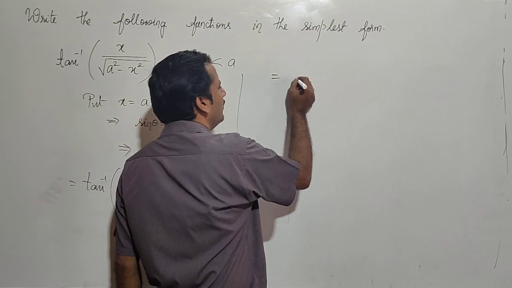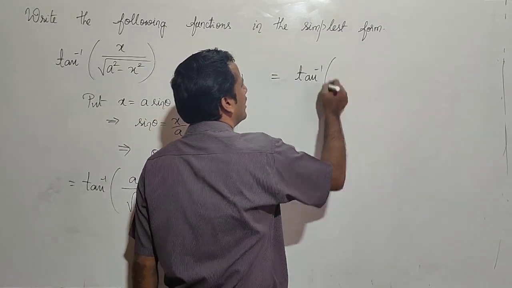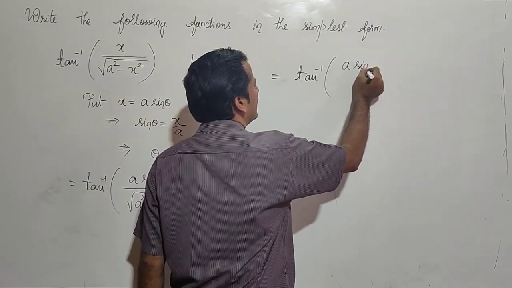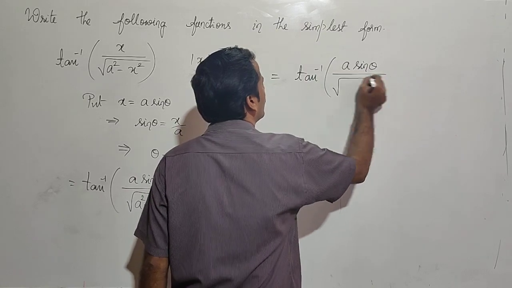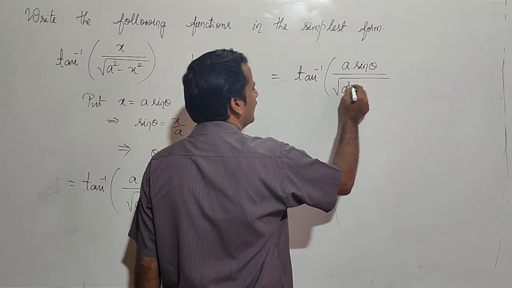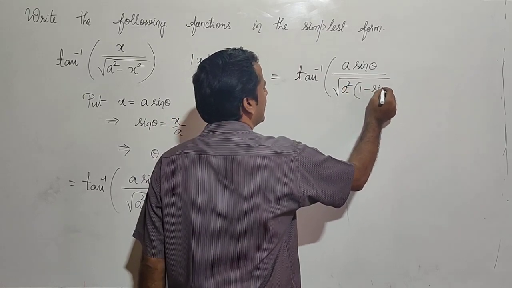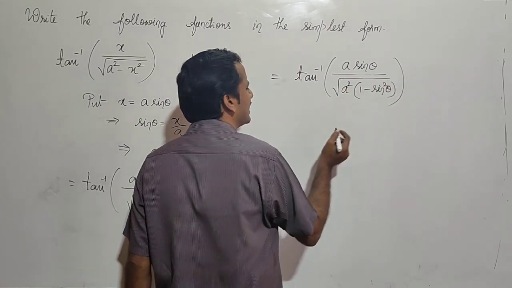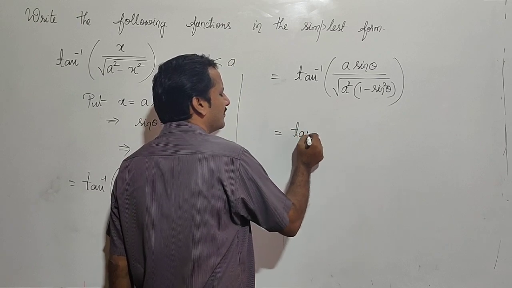That is equal to tan inverse of a sin theta divided by root of, I will take a square as common, then you will have a square into 1 minus sin square theta.